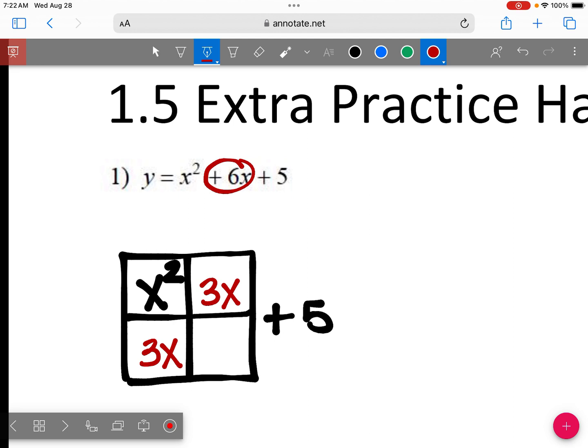So in order to complete the square, we need to figure out what number I need to put in this box. And that number is always going to be what you get when you multiply these together. So 3 times 3 is 9. So we're going to put a 9 here. But then you have to take that 9 away.